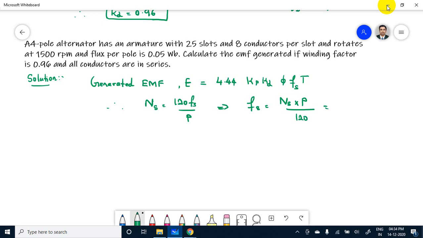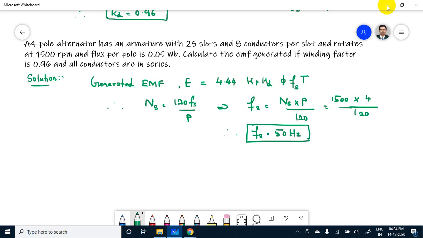So how much Ns? Synchronous speed 1500 into number of poles, 4 pole, divided by 120. What is the answer? fs equal 50, sir. 50 hertz. This is 50 hertz. Okay.